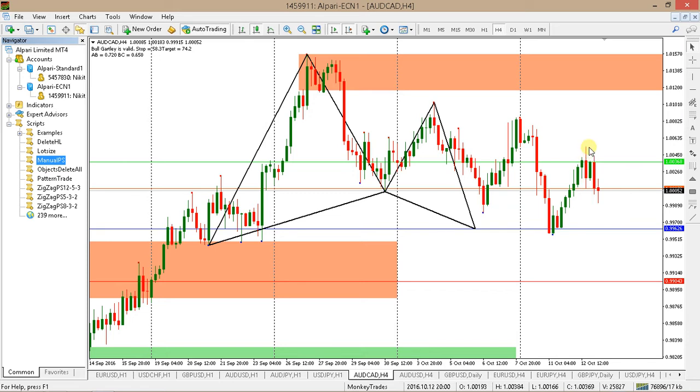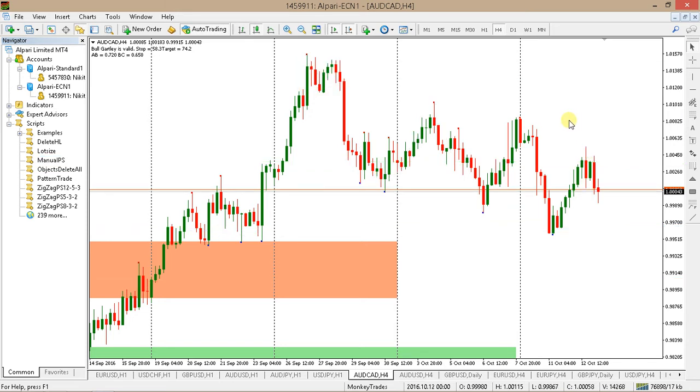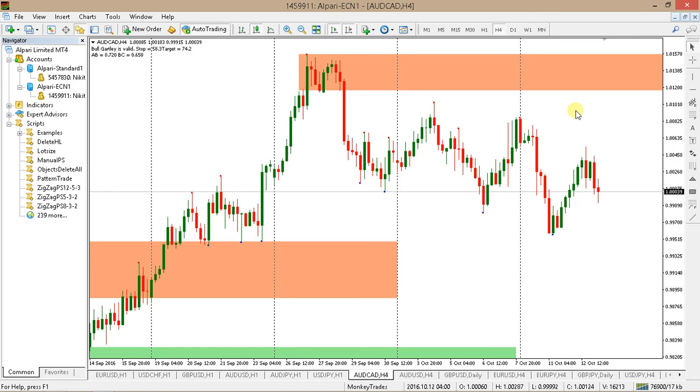it already worked. I want you to pay attention to these lower lows. We have this low, then we have a bit lower, then a bit lower, and I'm expecting that we'll have a bit lower low. Let me show you something else.